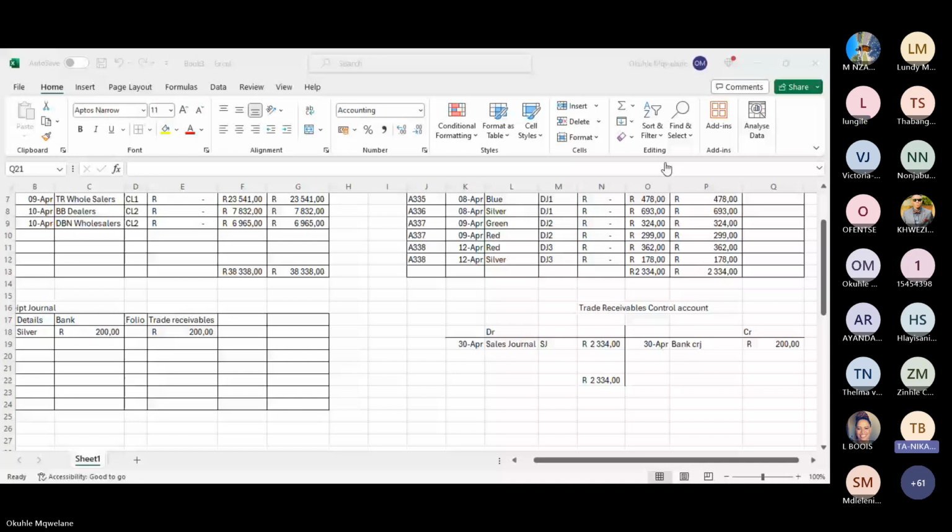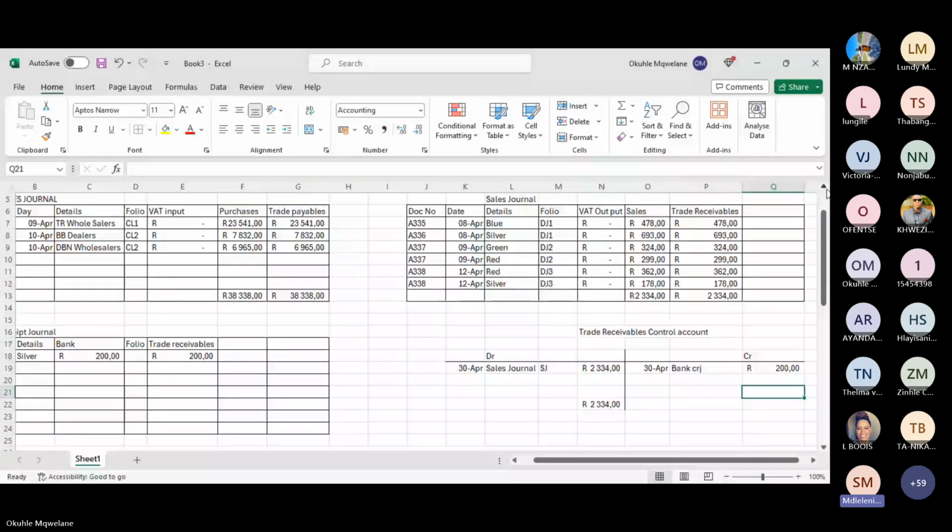So we don't have one purchase T account and then just say details, maybe debit side, blue, transfer this amount of money or pay this amount of money. I thought so, my sister, but when Aziza said we must open individual, I thought we were going to put them all, because I feel it's just going to be a bit confusing. Yeah, okay, go on.